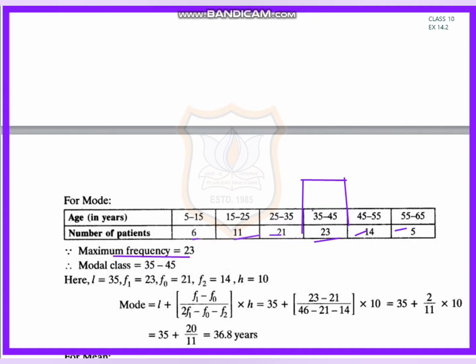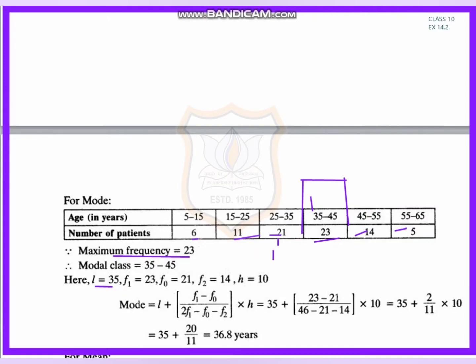So the lower limit is L. L is equal to 35. F1 is the frequency of the modal class. F0 is 21, means the class which we are selecting, the above frequency or preceding frequency is 21.